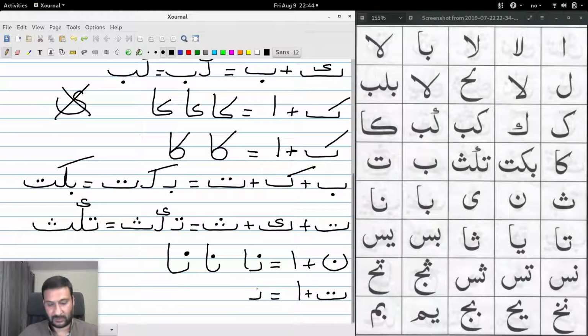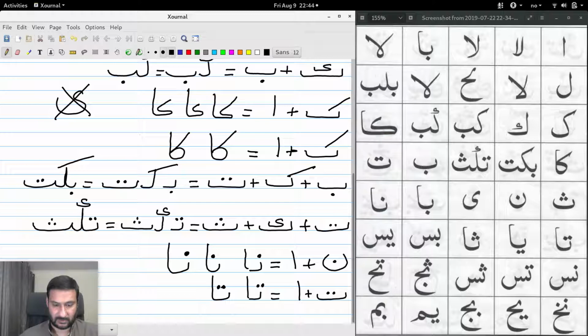So it looks like this, and the dots appear here, and then there is an alif joining it. And if I write it fluently, I would start with the ta and go up, and this is ta alif. So notice all these combinations so far normally have alif at the end, and alif looks like this when it is joined to a letter preceding it.